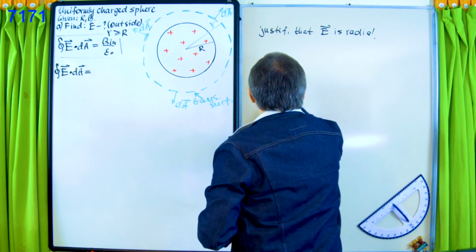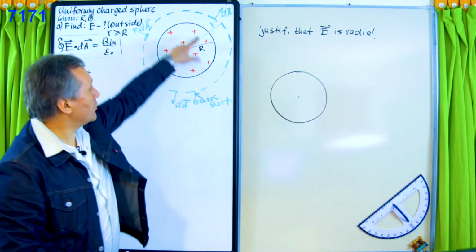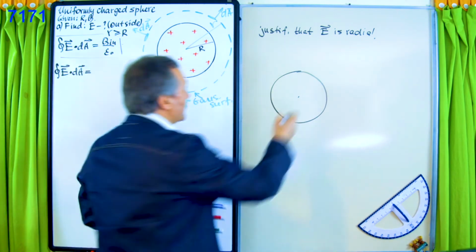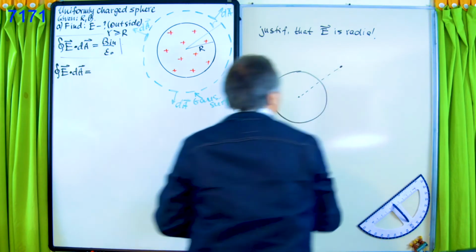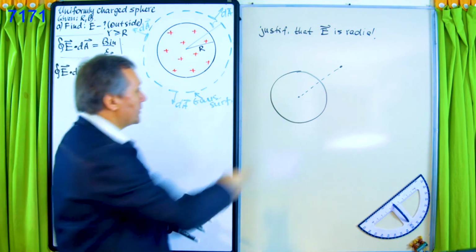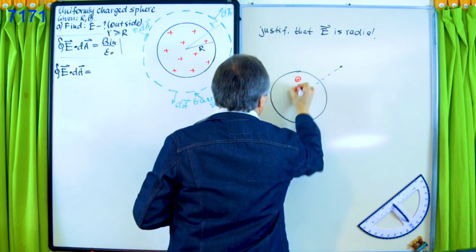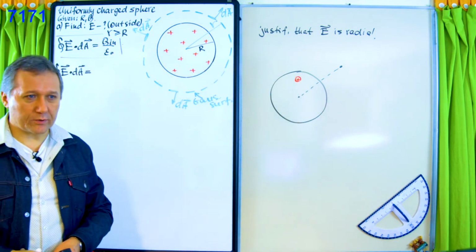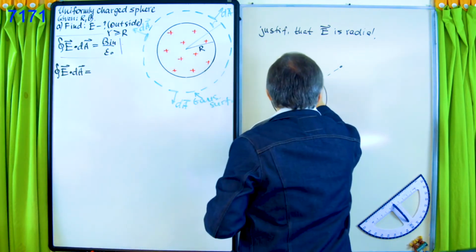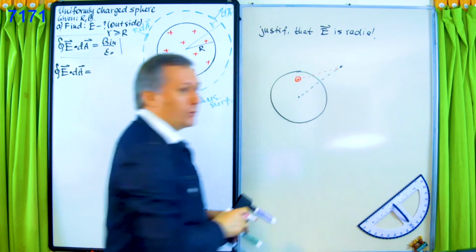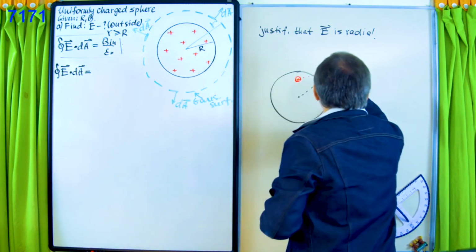Let me redraw our sphere. It's not a Gaussian surface, it's this charged sphere, right? And let's say I want to find the electric field direction at this point. Let me draw this dashed line. Since this sphere is uniformly charged, let me take a small charge over here, a very small point charge. Of course, this charge is going to contribute to the net electric field at this point, and its contribution will be something like this.